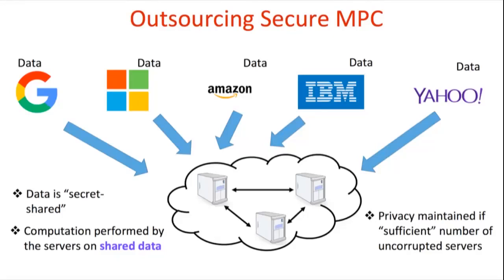But here the tech giants are competitors. They may not be willing to reveal their individual data to each other, because that's their revenue, their business, right? So what we require here is a solution where these tech giants, without worrying about the privacy of their data, are able to collaborate in such a way that the ML application is run on the combined data, but the privacy of the individual data is preserved.